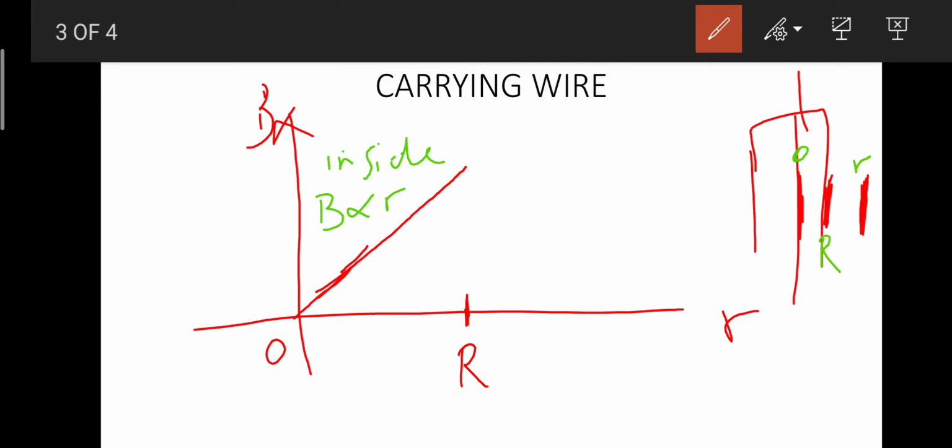At the surface point, B would be maximum. And when we get out of the conductor, B definitely starts decreasing. By increasing r, B is going to decrease, so I will draw that like this.